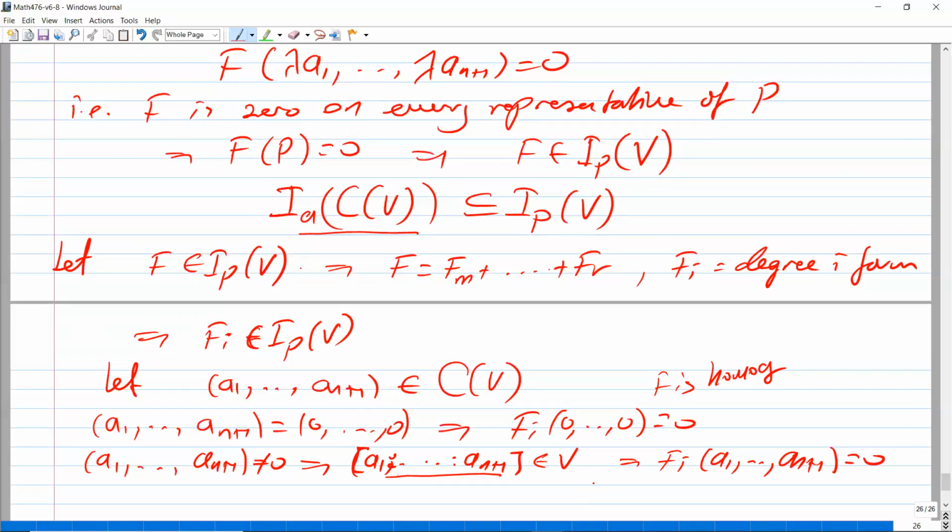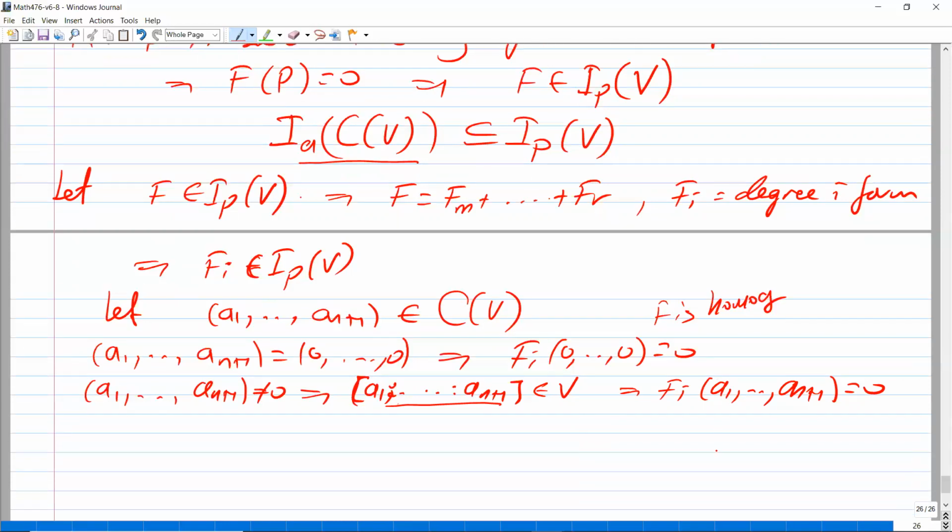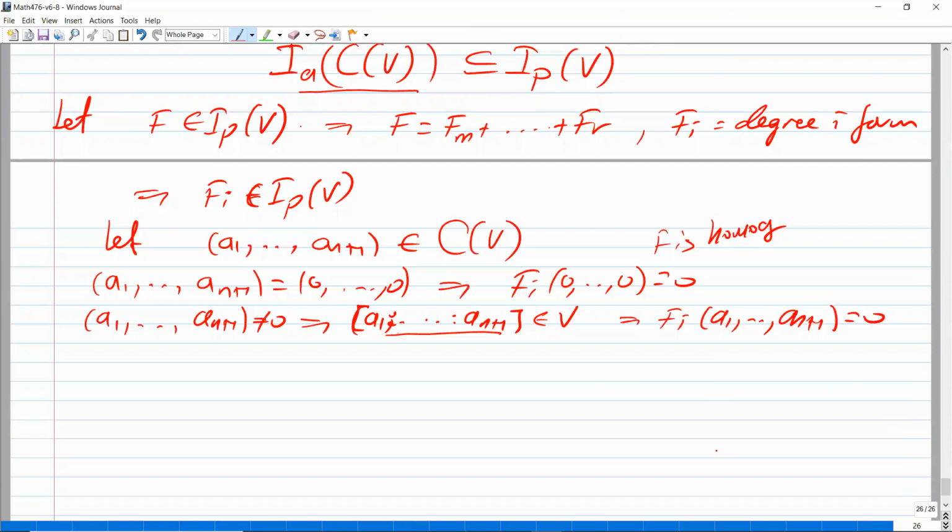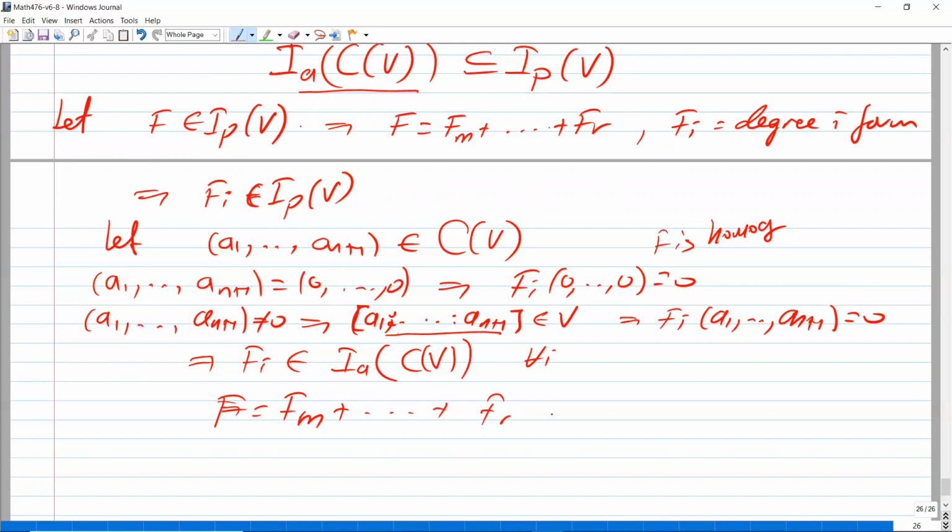So in fact it is 0 on every representative. So Fi is 0 on every point of CV, so that Fi is in the ideal of CV. So for every i, F is Fm plus ... plus Fr, and this is in the ideal of CV.